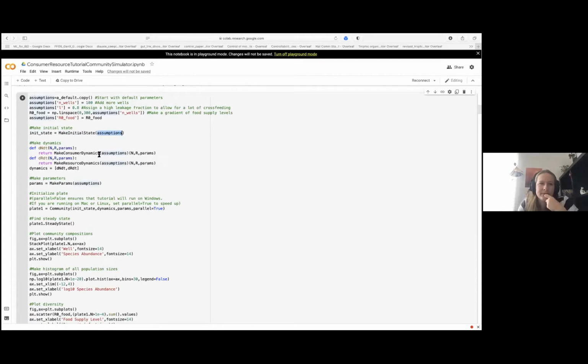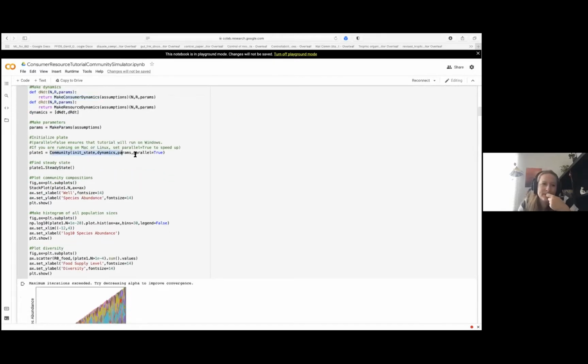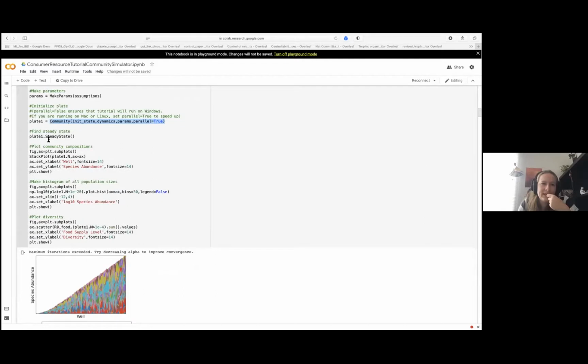Then they have this function called consumer dynamics, which in this case is MacArthur with byproducts. And here we just run it, and this find steady state outputs your final microbial and resource concentration for each well in the end of your dynamics.